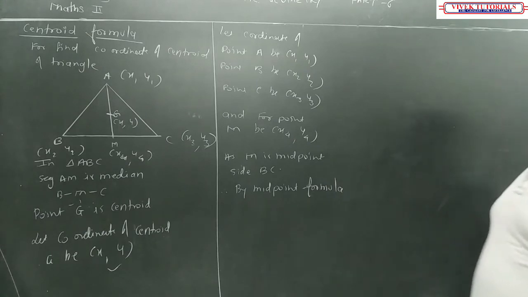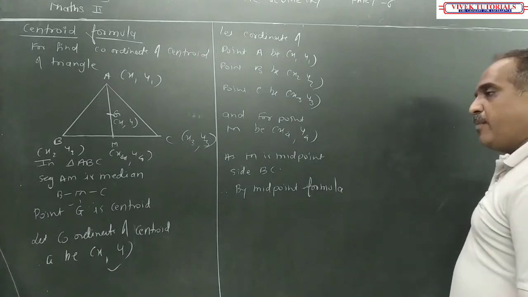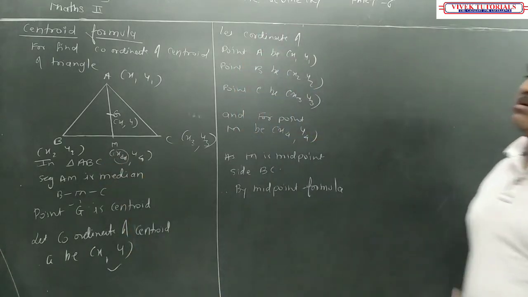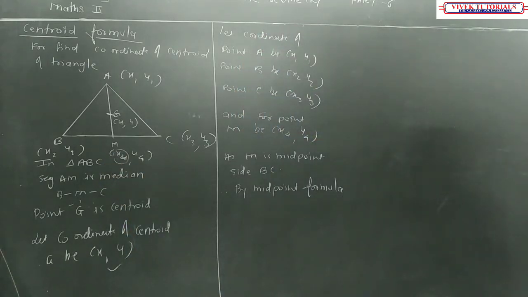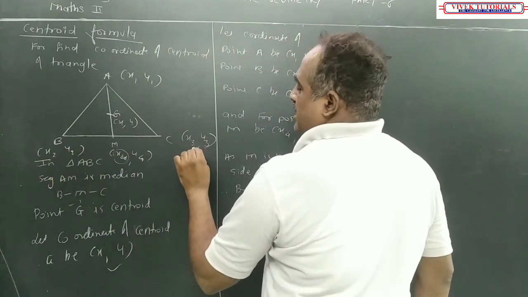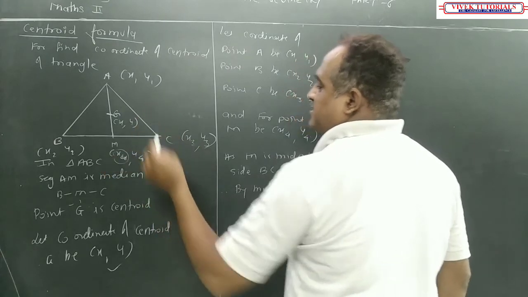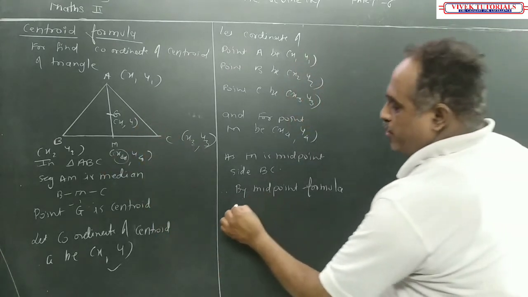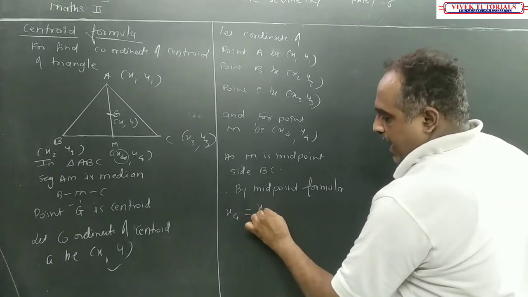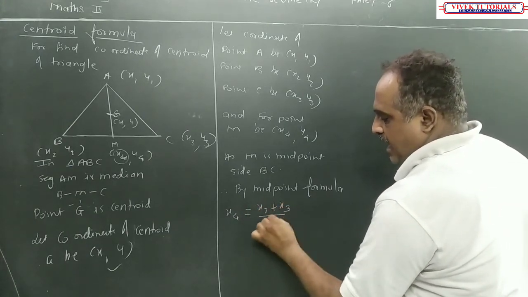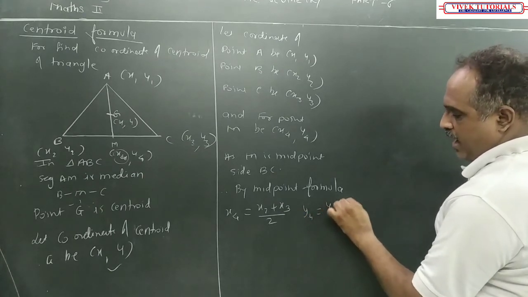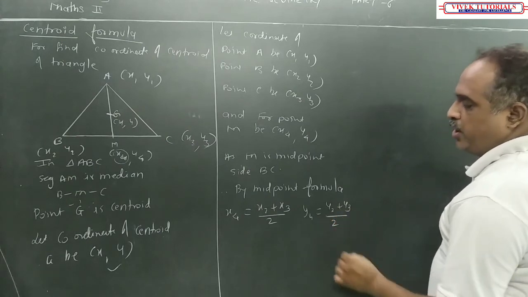अब हम लोग midpoint formula यूज कर सकते हैं. We know the midpoint formula. अगर ये वैल्यू x4 है तो भी मालूम x is equal to x1 plus x2 upon 2 होता है, लेकिन यहाँ x1 की जगह पे x2 है, x2 की जगह पे x3 है और x की जगह पे x4 है. तो what we are going to do is x4 is equal to x2 plus x3 upon 2 and y4 is equal to y2 plus y3 upon 2.